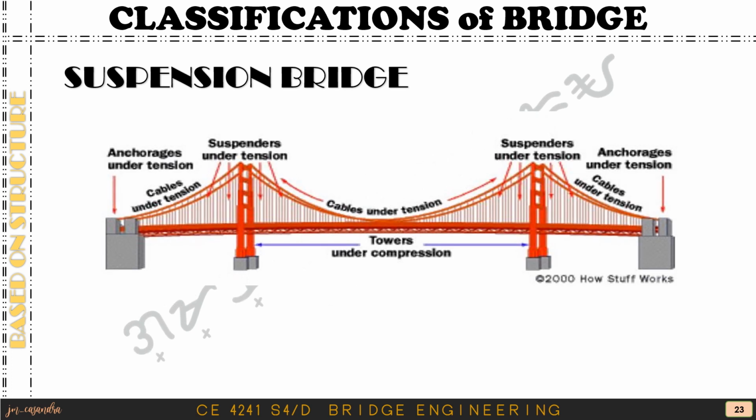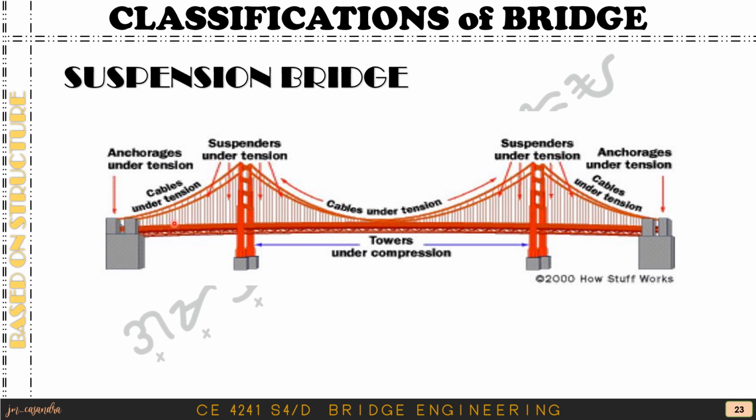For a suspension bridge, if we look at this diagram, you can see that we have here the suspended cable, and we have the vertical cables which are supporting the bridge, connecting the tension cables and the deck.